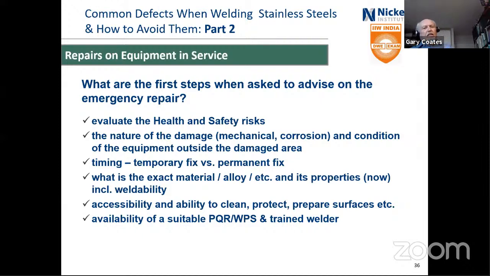You want to look at the nature of the damage, whether it's mechanical damage, has it been damaged because a forklift truck backed up into a piping rack, or was it corrosion? And what is the condition of the equipment outside the damaged area?